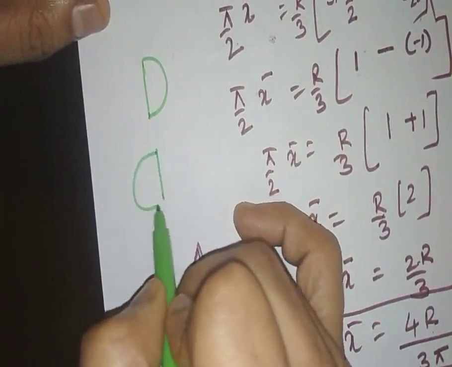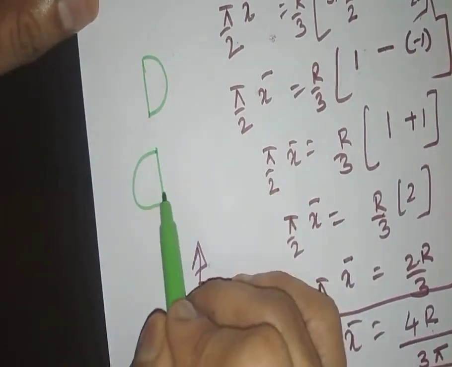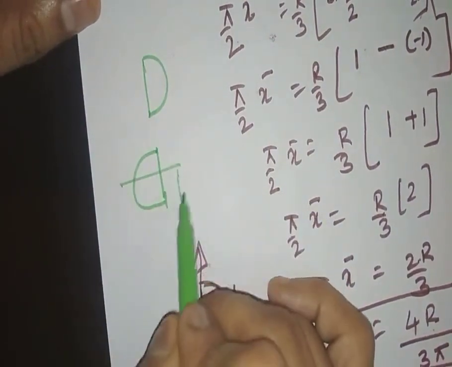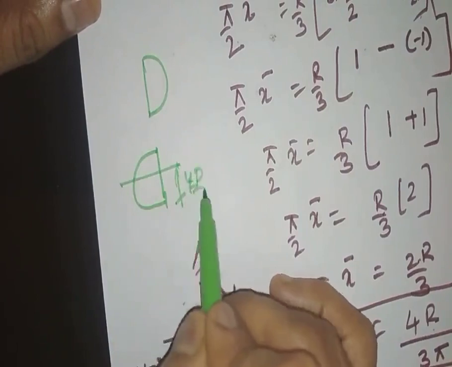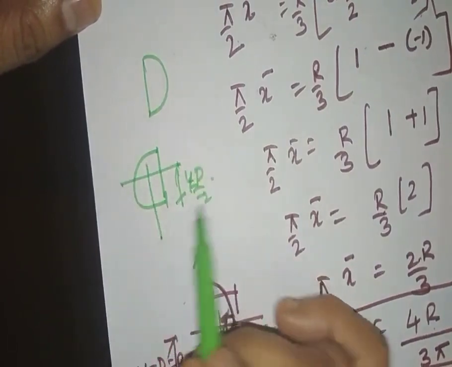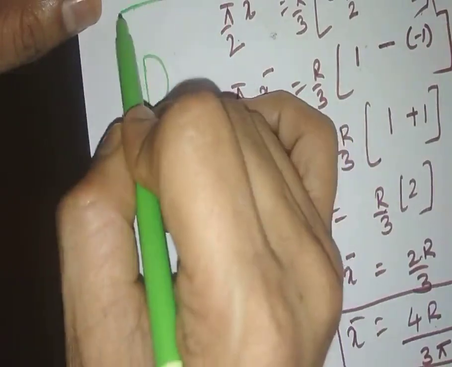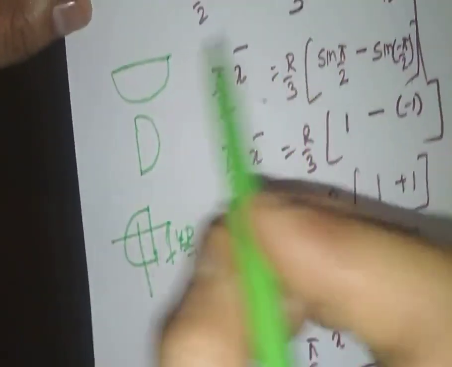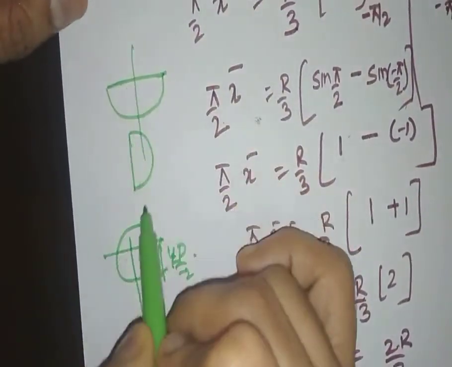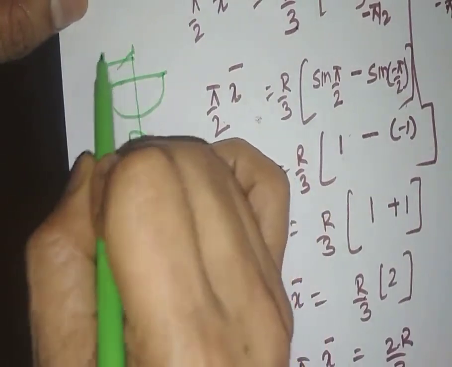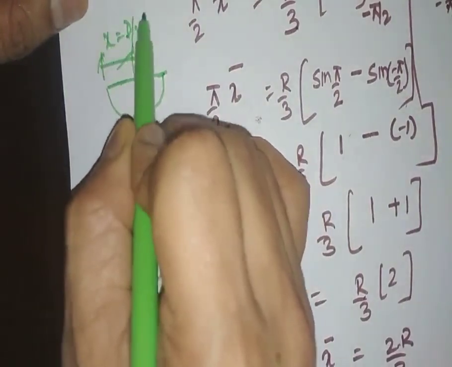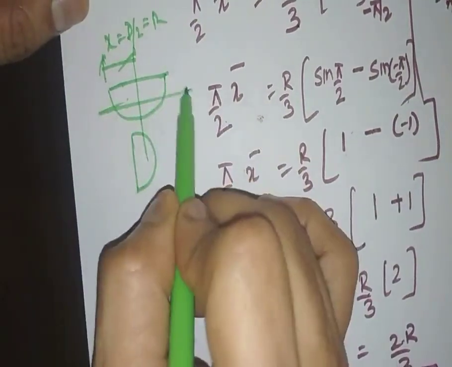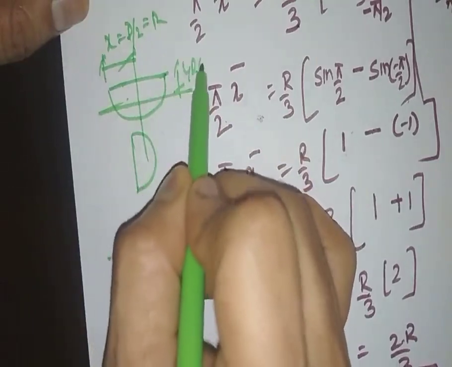If it is oriented towards the left hand side, then again y would be d by 2 or r and x would be 4r by 3 pi. When it is inverted in this fashion, symmetric about y-axis, x would be d by 2, which is r, and y would be 4r by 3 pi.